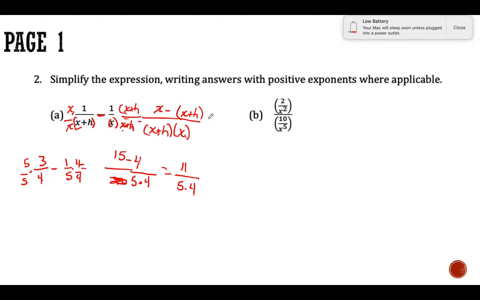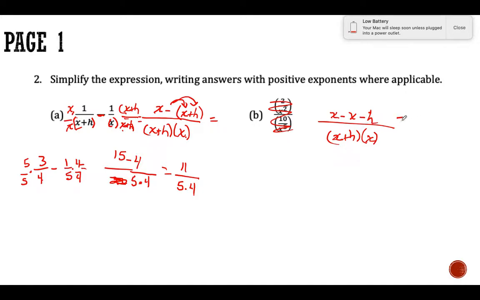What is this going to be? This is careful. I'll write it over here. x minus x plus h.